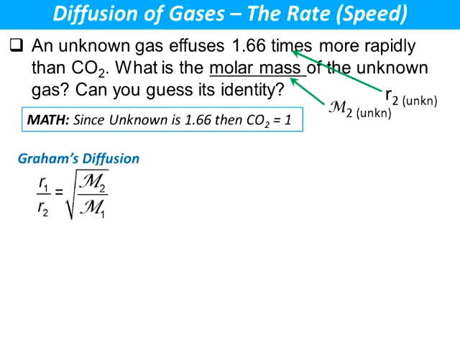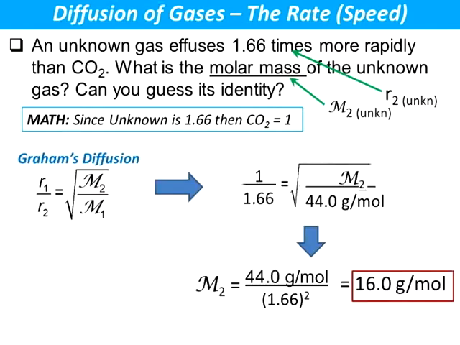So in other words, when you have a rate such as this, the other value is always 1. So this is 1.66 compared to 1.